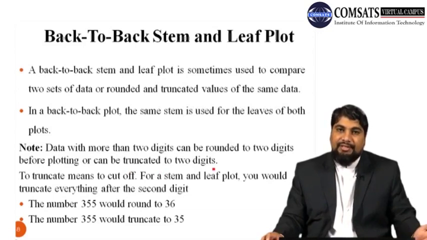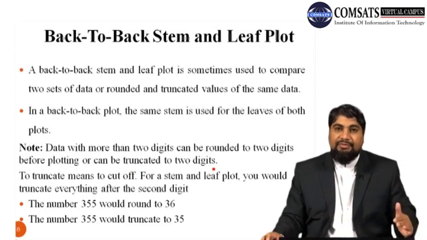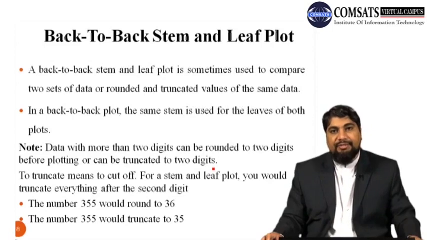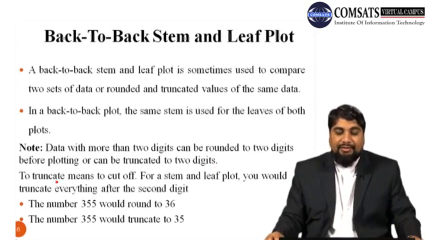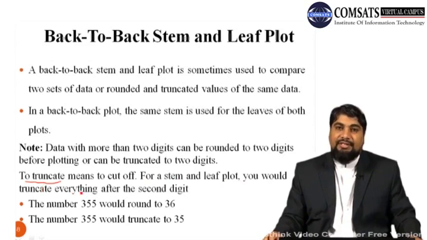So we can round the data up to 2 digits and we can truncate it as well according to our requirement. Actually, to truncate means to cut off. So for a stem and leaf plot, you would truncate everything after the second digit.